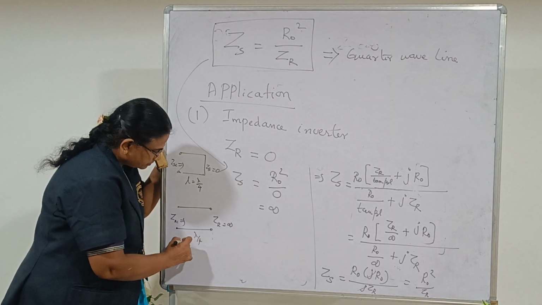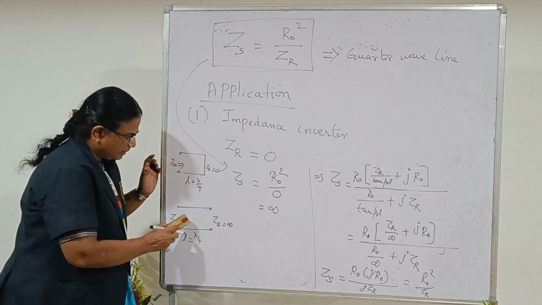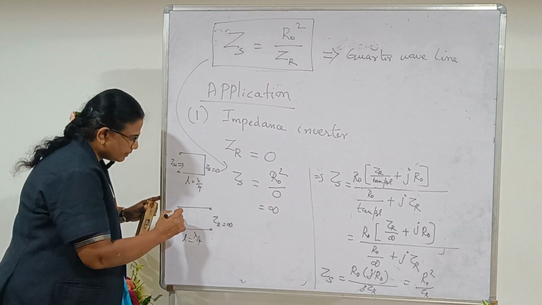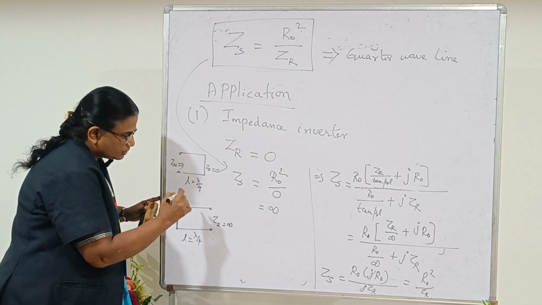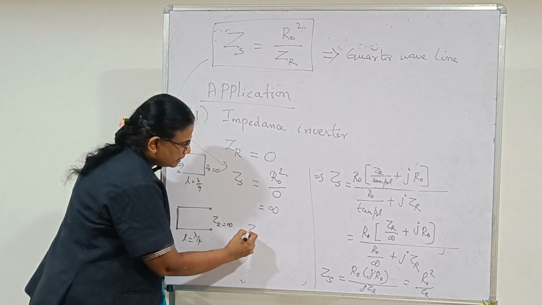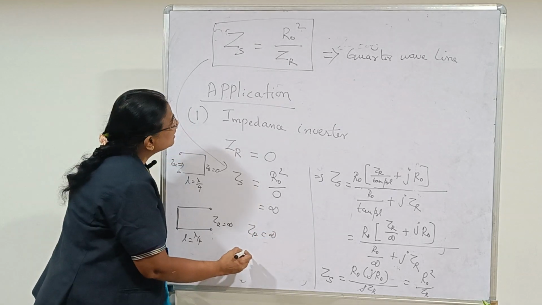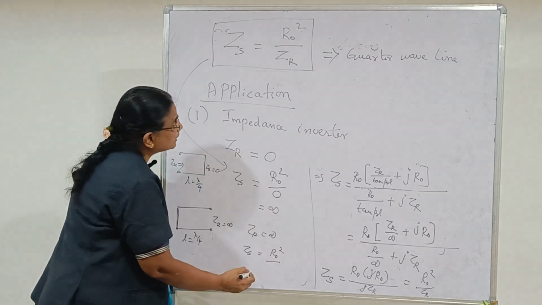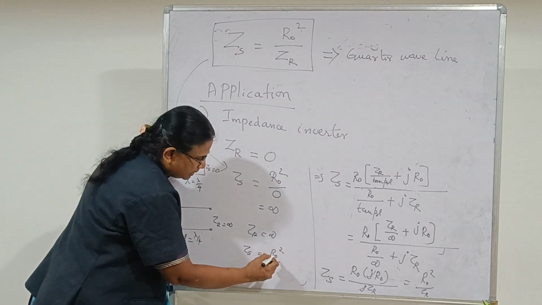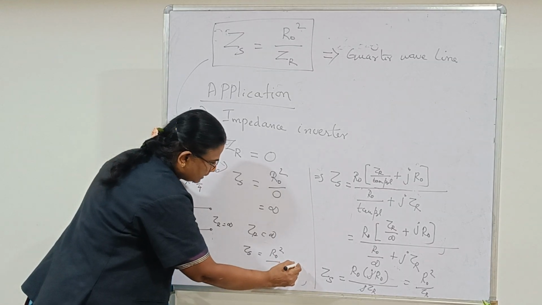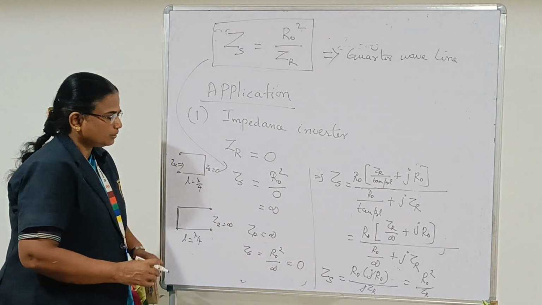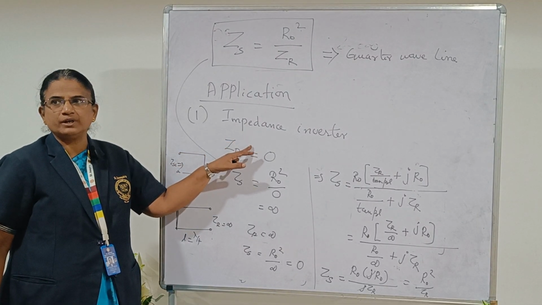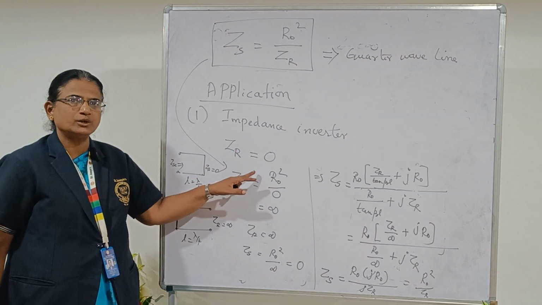So L is equal to lambda by 4 and the open circuited impedance is now found to be 0. That means when ZR is infinity, ZS, which is R0 square divided by ZR, is now 0. So this is known as an impedance inverter. An impedance inverter is one which can transform a low impedance into a high impedance.